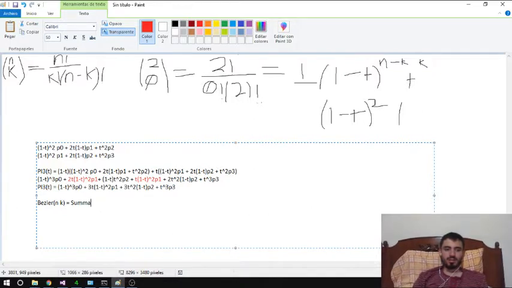That's basically the summation from k equals 0 to n of the combinatorial of n and k times, that's for the coefficients, and this is for the elements that we have inside.